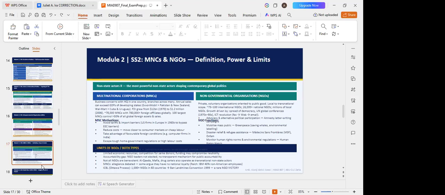Understand? And in most cases, they help the government by providing employment to people in the country. The government also gives them a reduction.